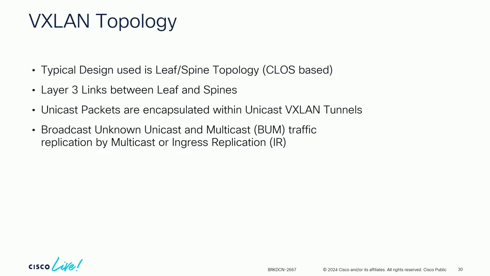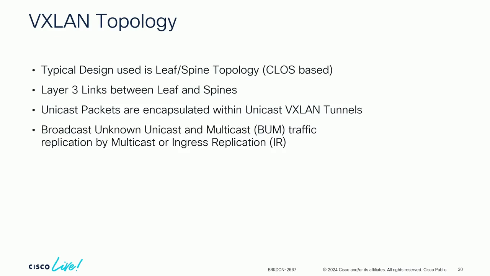Now, as I said, at a topology level, while we don't have to run it over leaf-spine, that is the prevailing technology that we see in terms of how we are structuring the underlay. And as I said, we typically then also see it being a layer 3 IP routed underlay running something like OSPF, ISIS, BGP. We'll talk about that in a moment. And the other thing to understand about VXLAN is we use a unicast VXLAN tunnel to carry all the unicast traffic.